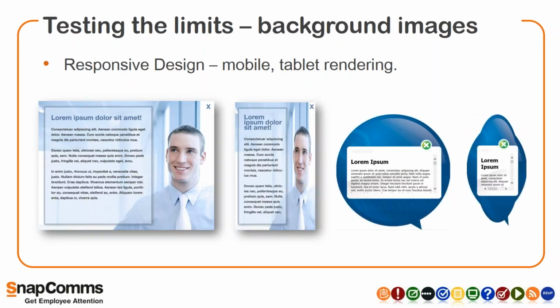Photographs as a background image don't really work because they get squeezed if they're put onto a mobile phone, and if the image was to be maximized on a PC screen, then every one of those pixels would be stretched and the image would end up stretched, distorted and blurry. So we don't recommend using photographic images in the background. I would rather people just save them to put them into their content via the content manager later on.